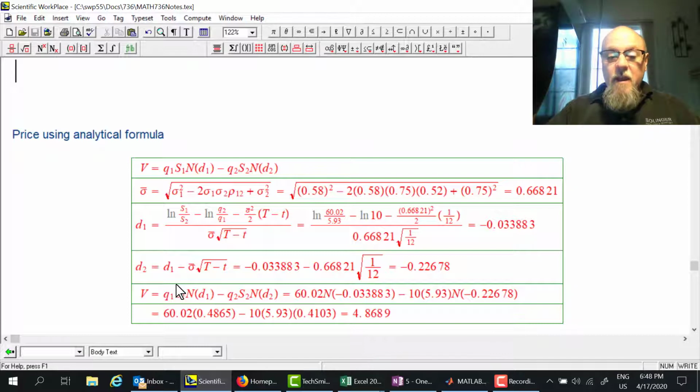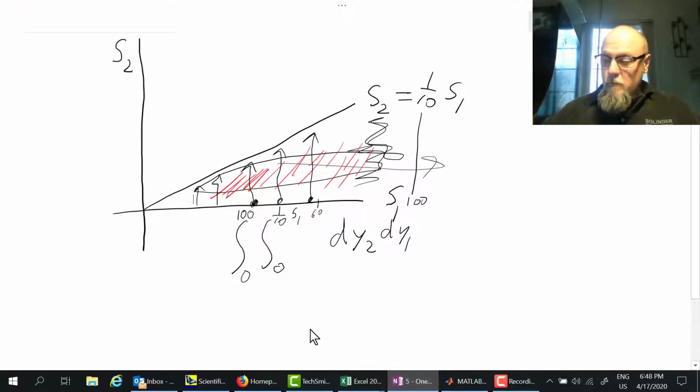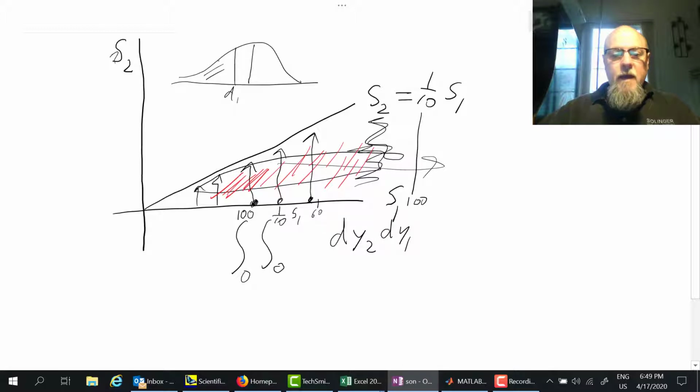Then it's Q1 times S1 times N of D1. Remember, let me grab that, I'll draw it on top of here. N of D1 is the area from minus infinity up to that D1. Since D1 is a negative number, you're getting an area of less than 50%.